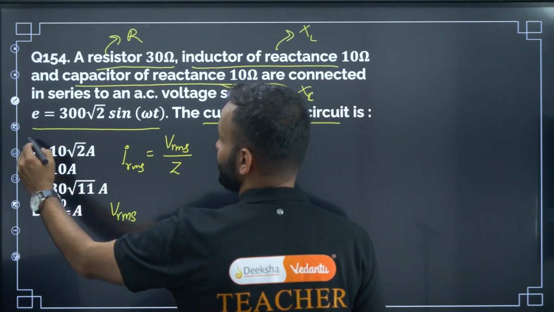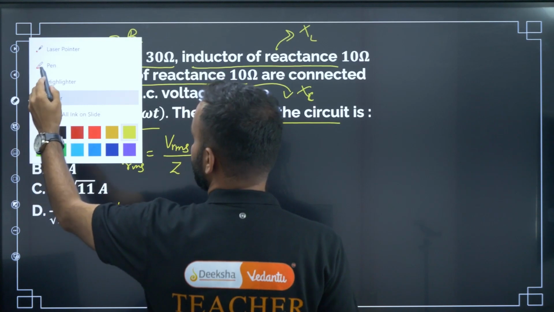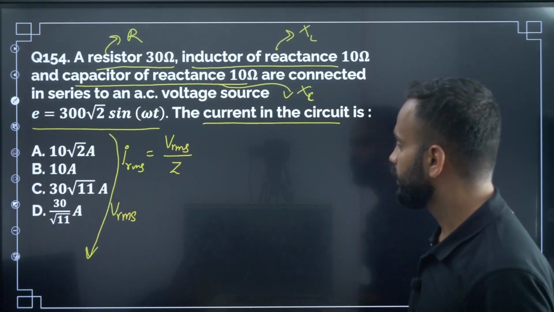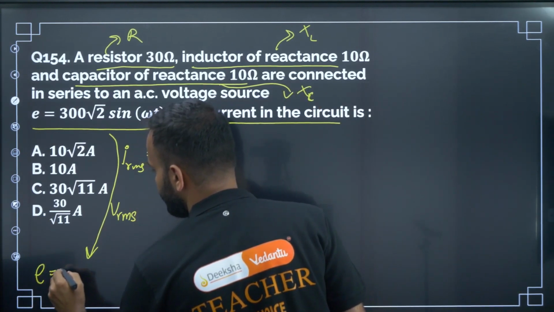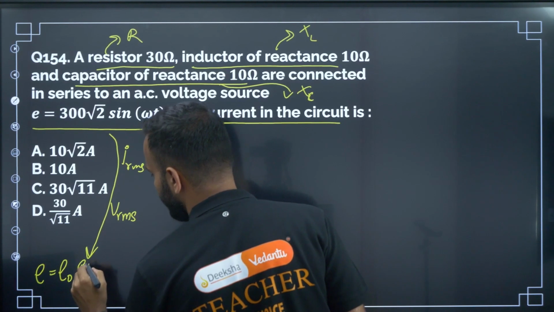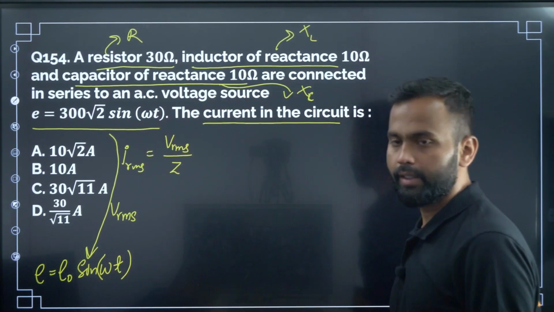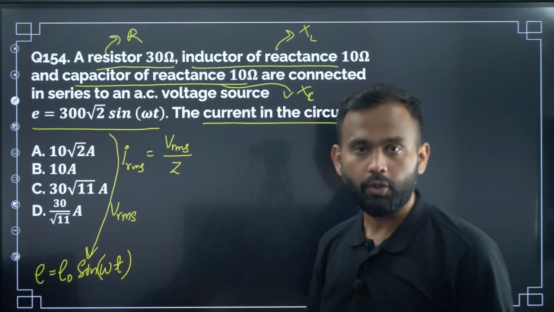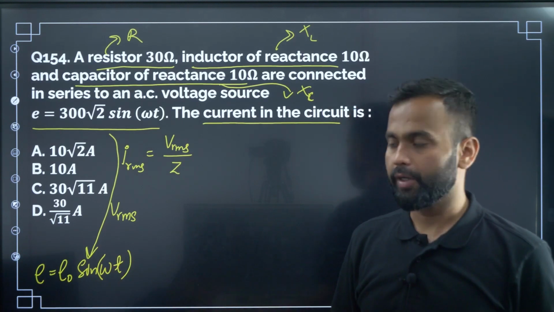So what is the general equation? Let us write the general equation for AC voltage, right? The general equation is E equal to E naught into sine of omega t. E naught is the maximum value of the voltage.